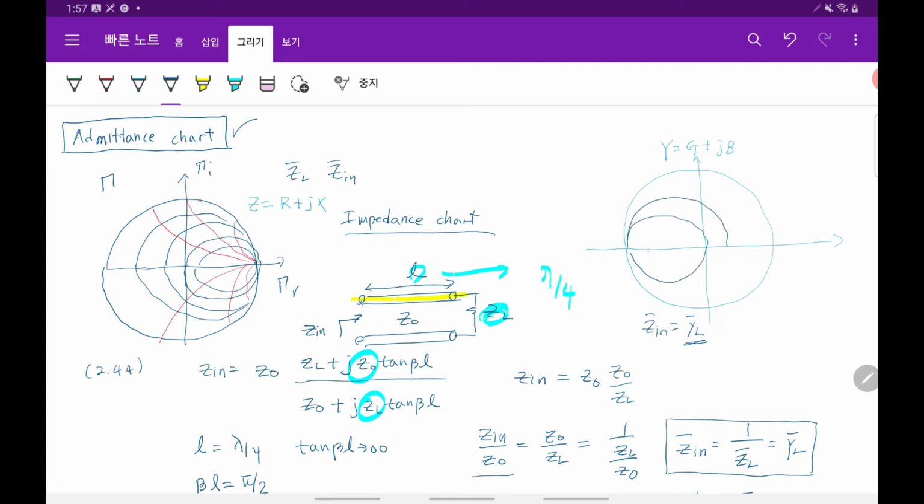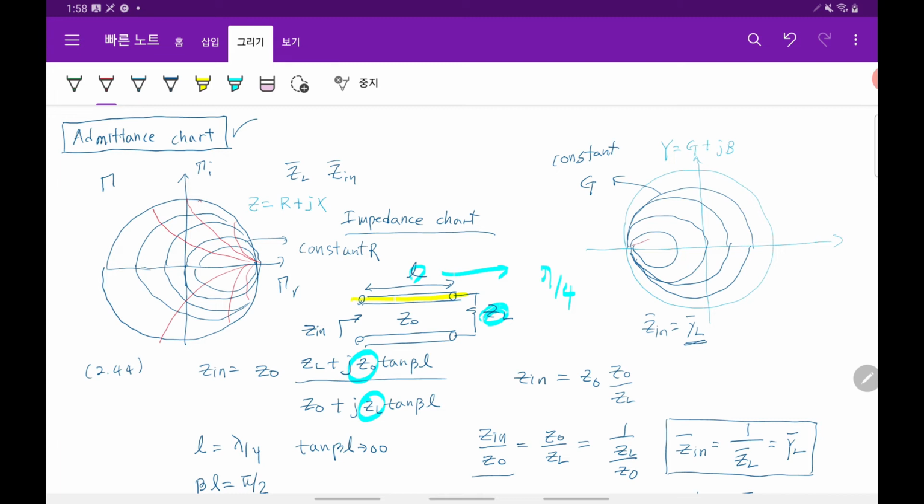So this becomes the constant conductance chart, constant G. This is constant R, right? This is the constant G line.